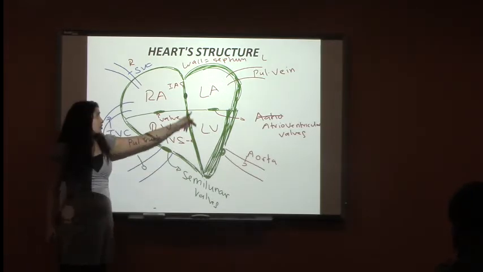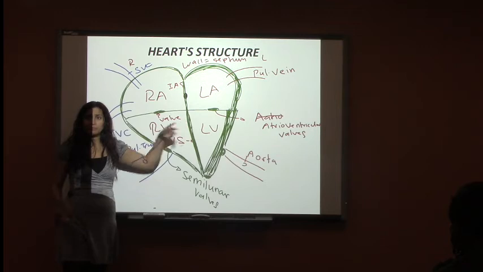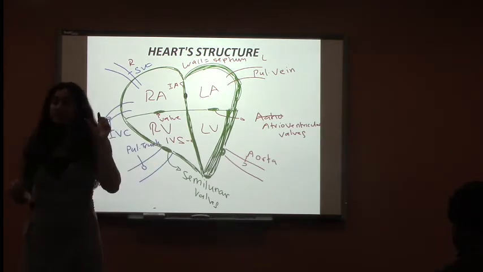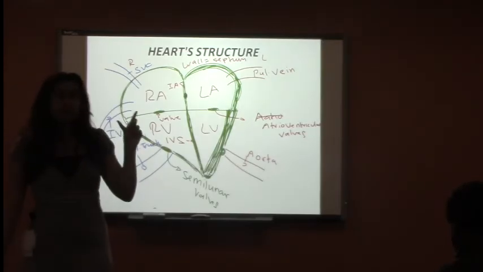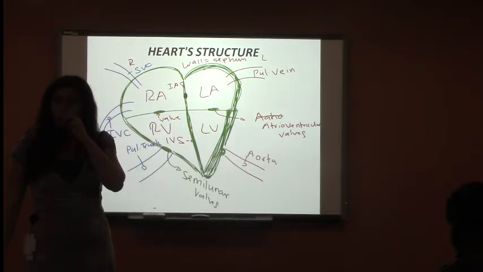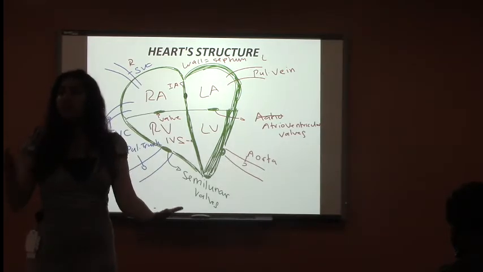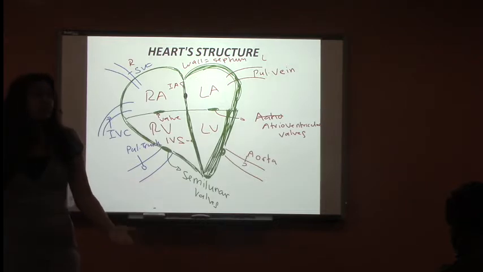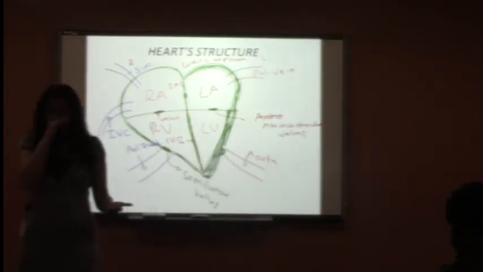The interventricular septum or the interatrial septum, the septum is also made by the myocardium. So the thickness of a chamber plus the septum is made by myocardium. When you compare the right side to the left side, the left side is thicker than the right side of the heart.